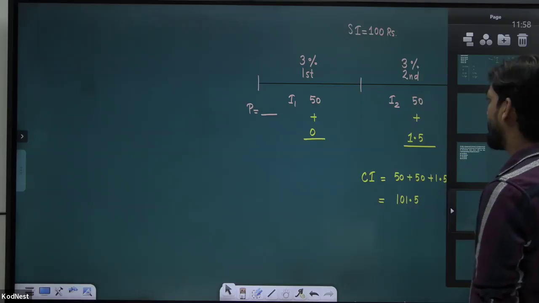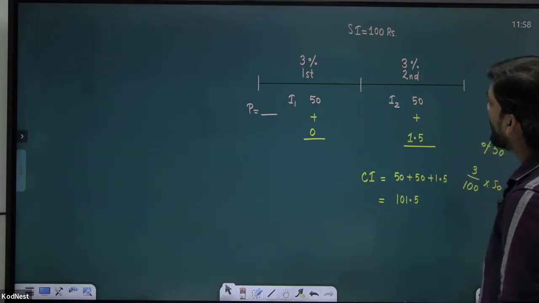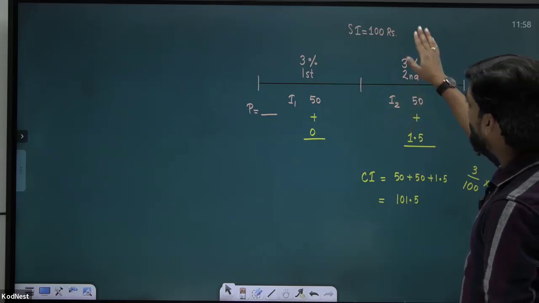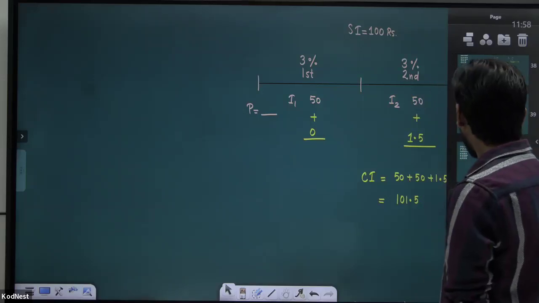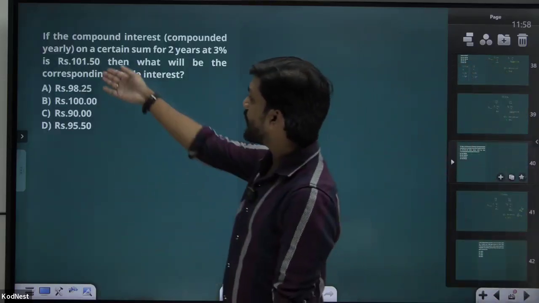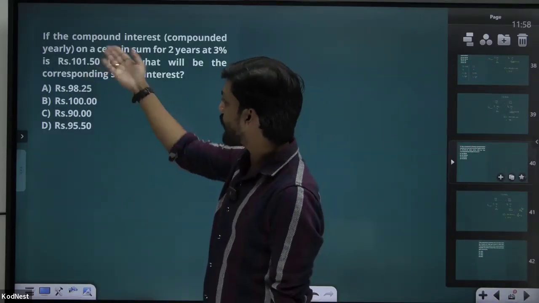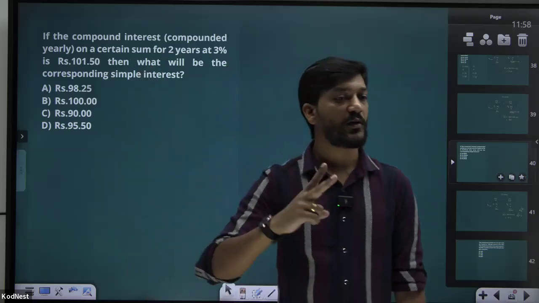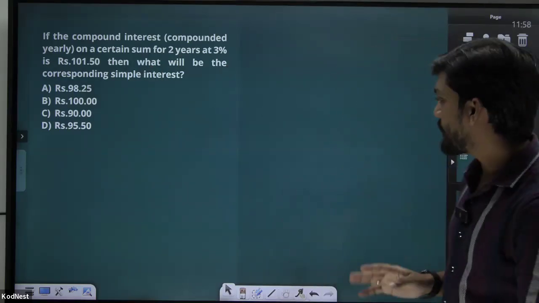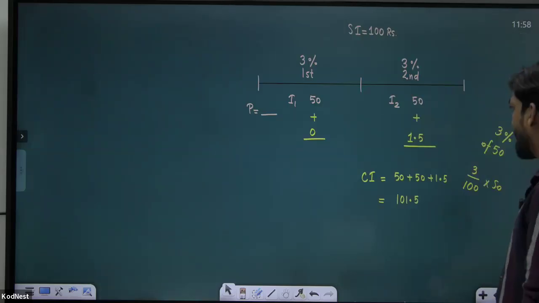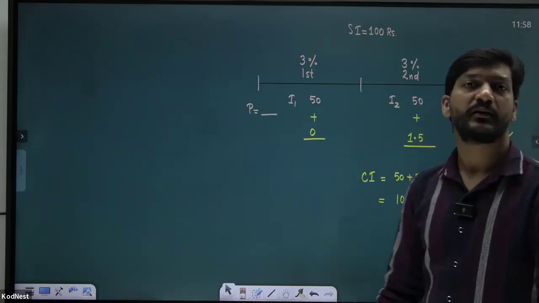Carefully see. I took the opposite question. Simple interest given, we calculated compound interest. But actually, the question is compound interest 101.5, what is simple interest? I took the opposite question. Why so? I'm saying the solution is this only.